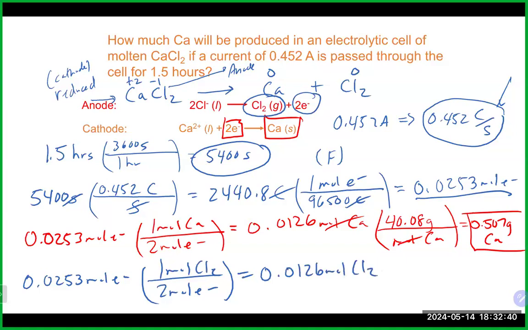Since chlorine is a gas, you might have had some temperature and pressure information, which could let you go into the ideal gas law. Or if you're interested in grams as well, you could just use the molar mass of Cl2, which in this case would be about 70.90. And if we collected our chlorine gas in grams, we should come out with like 0.89 grams or something like that.